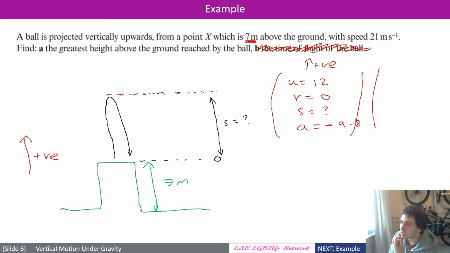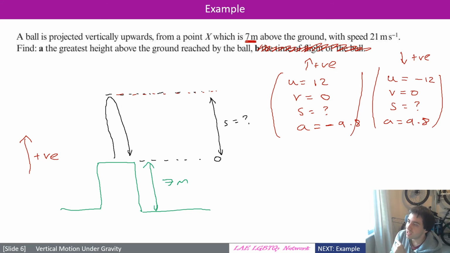If I had instead chosen to take down as positive, how would that change my SUVAT numbers? Well, my V would still be 0, because negative 0 is 0. However, my U, my initial speed, would now be minus 12. My S is still something I want to find out, and my A is now 9.8.